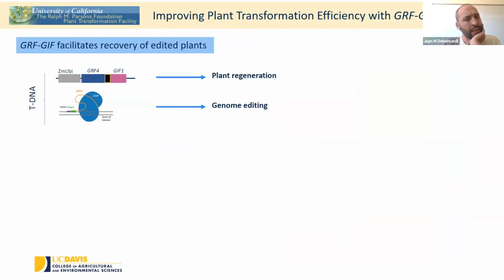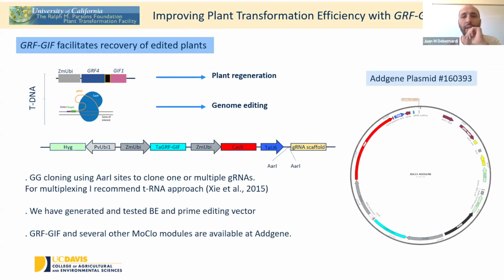So now I want to mention something about genome editing. Basically, we can put together in the same T-DNA GRF-GIF with CRISPR, which in this case is Cas9. We have a vector that is available in Addgene. This vector contains Cas9 GRF-GIF, and you can clone guide RNAs in that position.